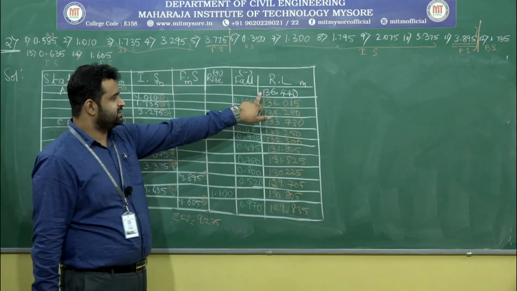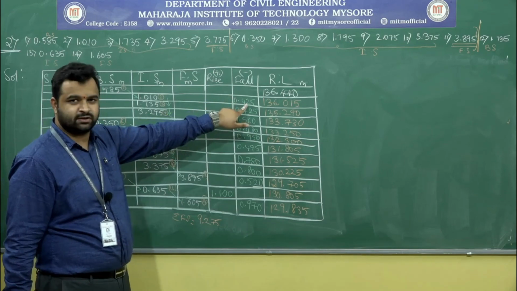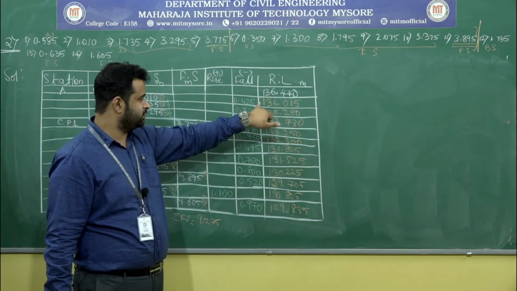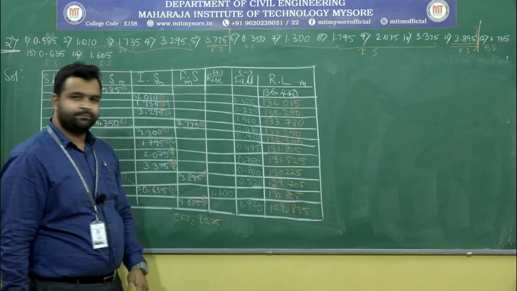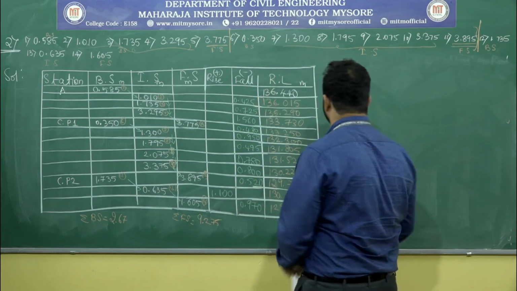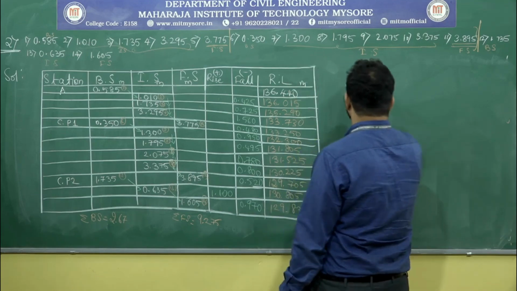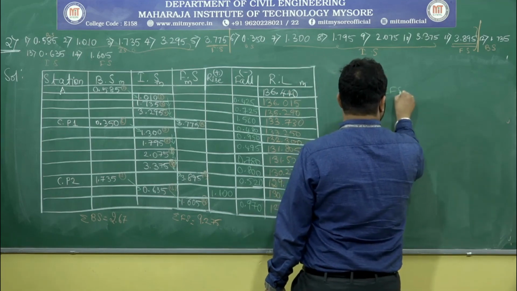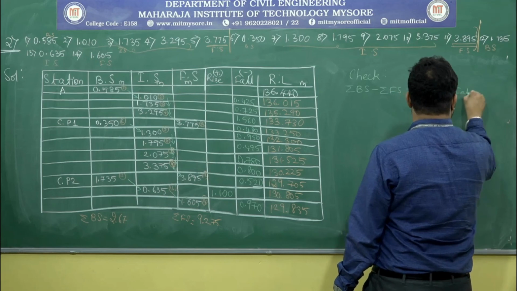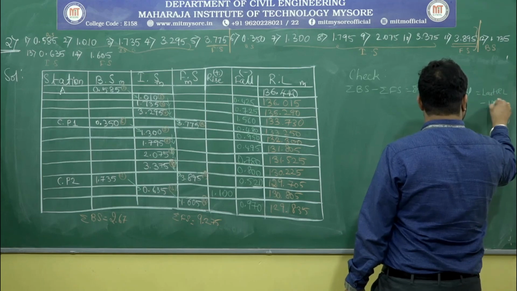So by taking this RL, calculate the RL of the next point. If the next value is a rise, add the rise. If the next value is a fall, deduct it from this value. So 136.44 minus 0.42 will give you 136.015 and so on. The only thing remaining here is to apply the check. What is the check available? Sigma rise minus sigma fall is equal to last RL minus first RL.